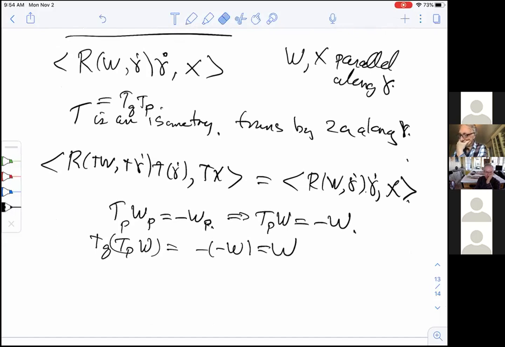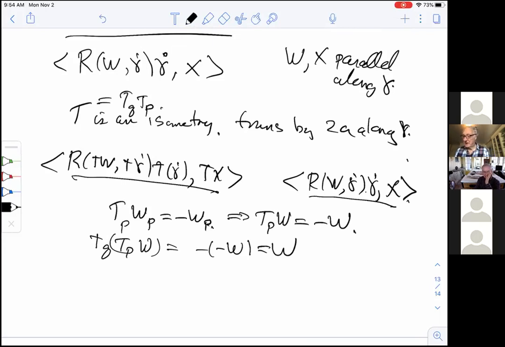I'm sorry, I'm getting myself so confused. I want to compare this expression, which is the covariant derivative shifted at a point shifted by 2a with the inner product at the original point.